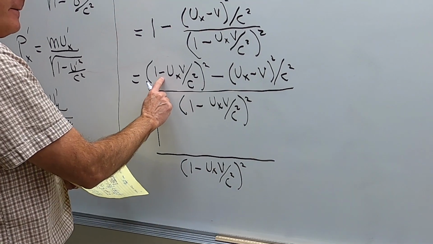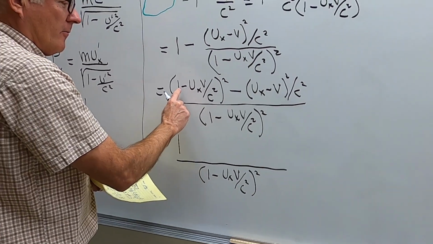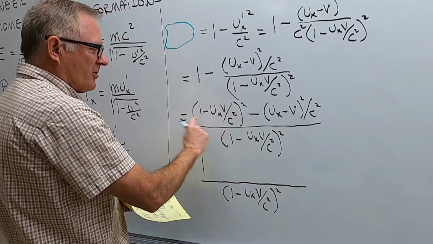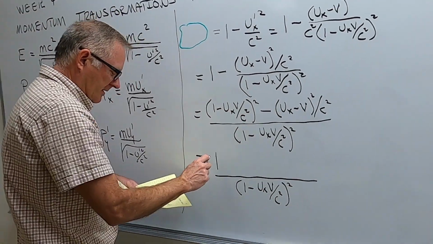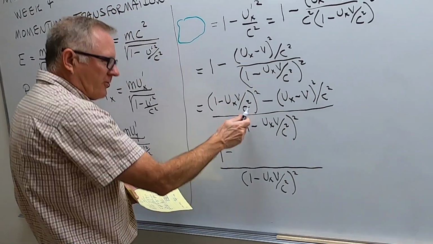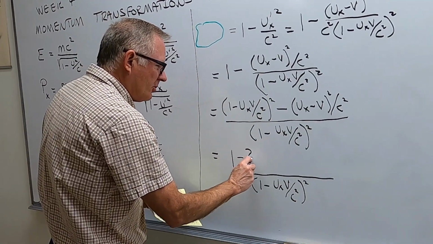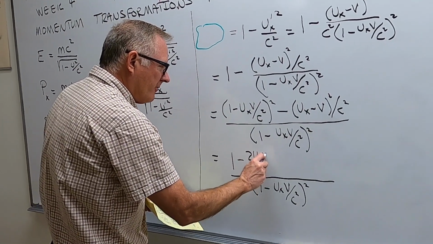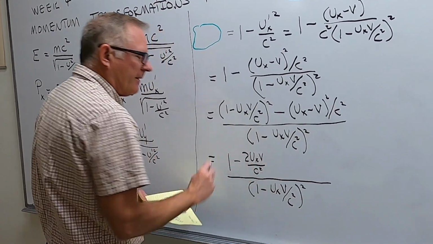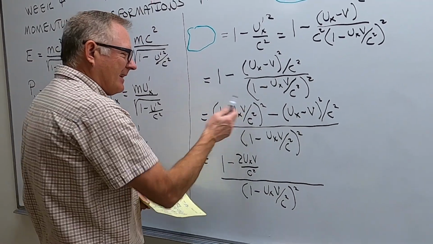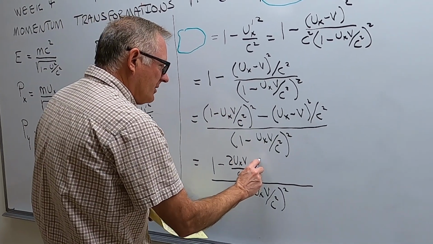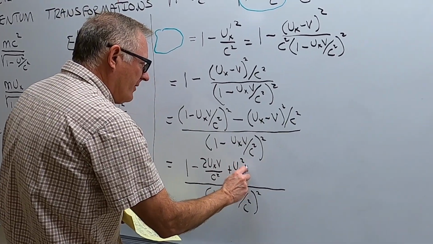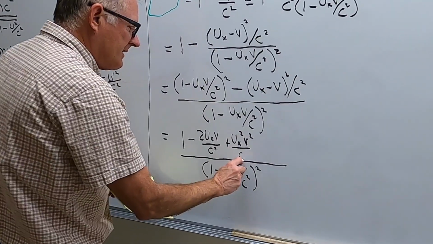Then we get the cross term in there, which is minus 2 times the first times the second, minus 2uxv all over c squared, plus the last term squared, plus ux squared v squared all over c to the fourth.